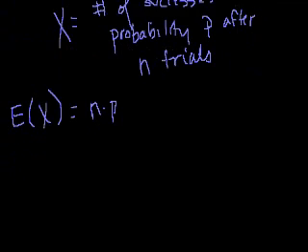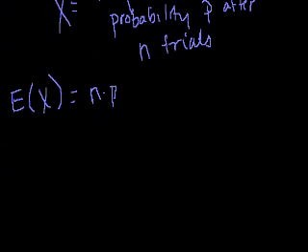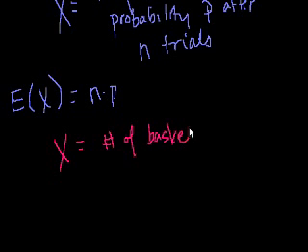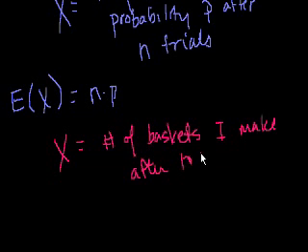So if I said that x is, let me do it in a different color. Let's see, x is equal to the number of baskets I make, where I'm talking about basketball, not basket weaving. Number of baskets I make after 10 shots, where the probability of me making any one shot is 40%.